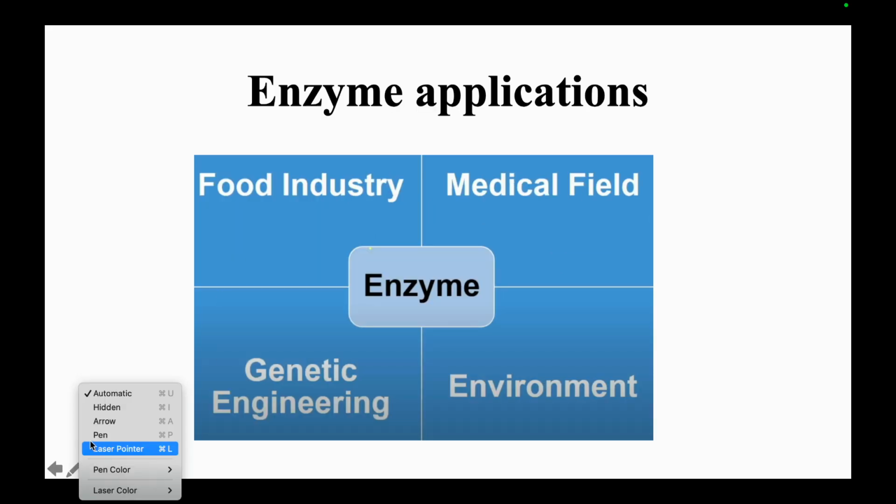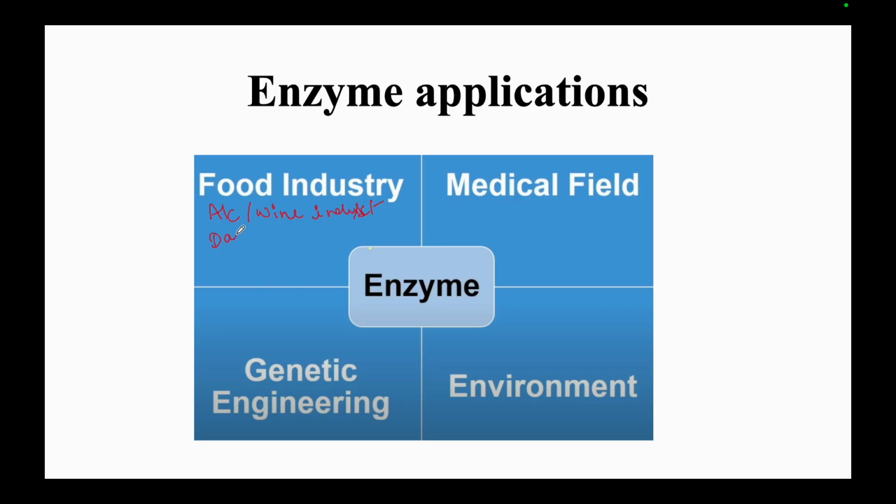We have the alcohol and wine industry, dairy, in which there is milk production and cheese production, then the baking industry, and finally the meat industry.